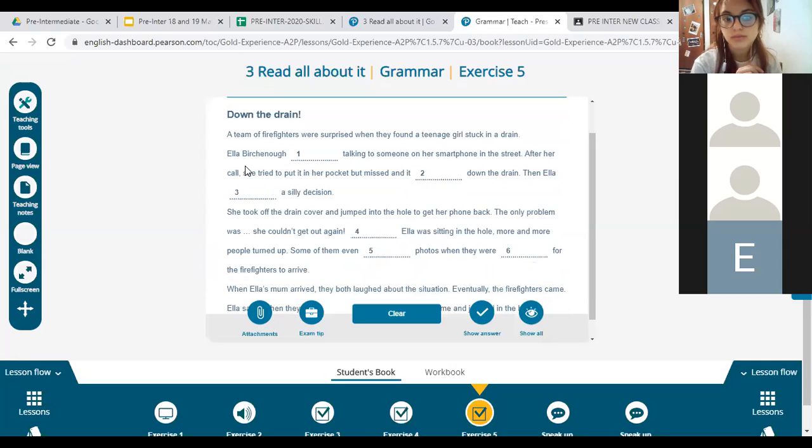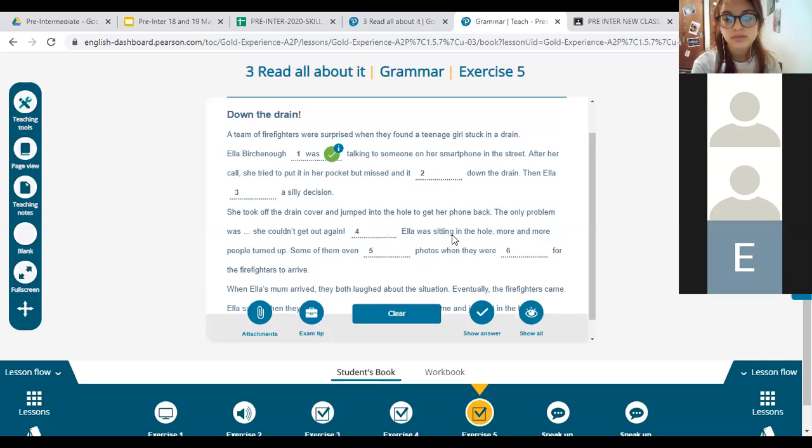Ella Bridgenose was talking to someone on her smartphone in the street. Good. We have the ing, so that is why I think the past continuous might be here. Good.